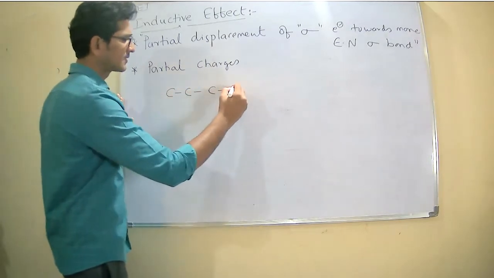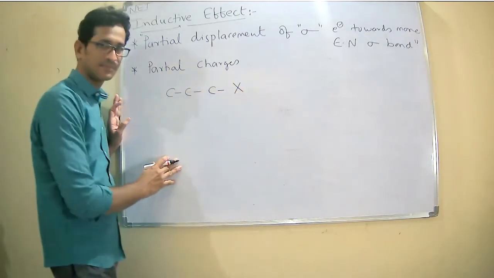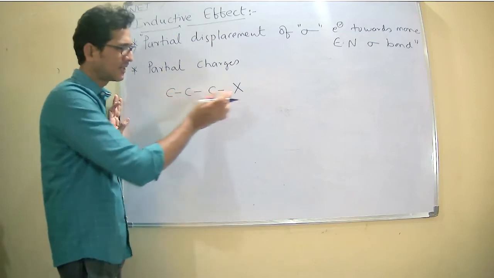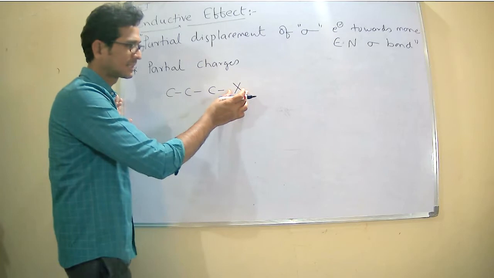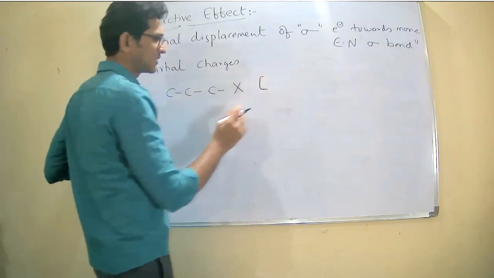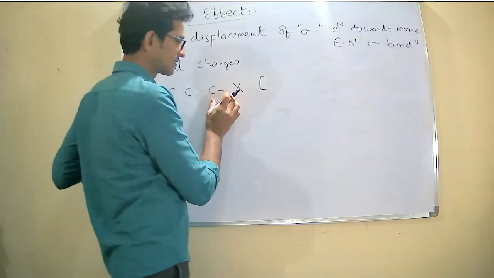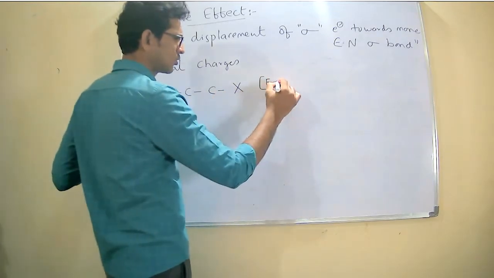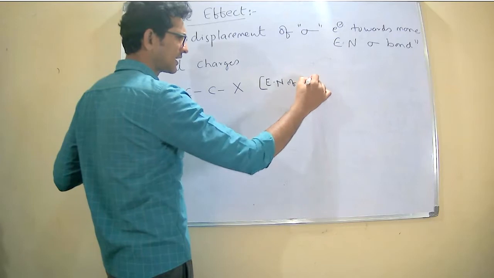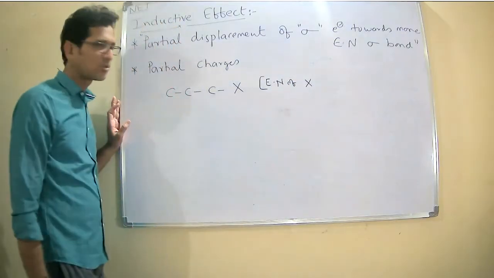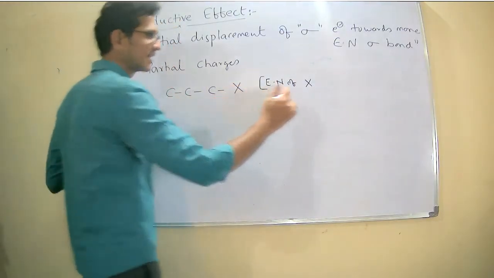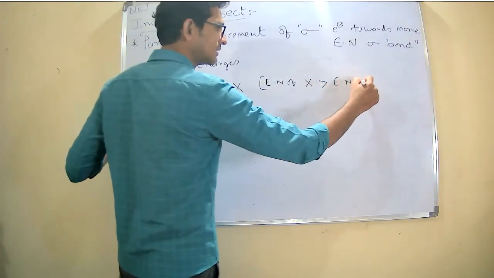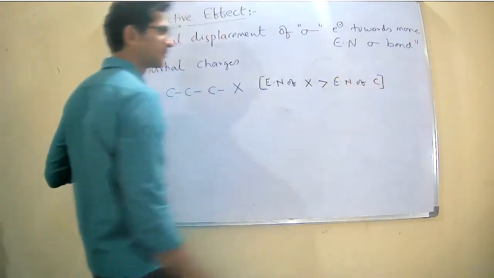I can write this as X. It is a hydrocarbon having a carbon chain, and the terminal group is any X. In the first case, the electronegativity of X is greater than the electronegativity of carbon.